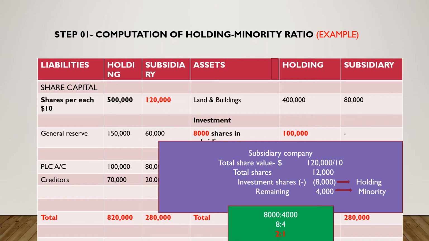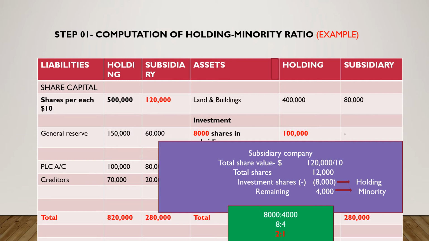8,000 to 4,000 converts to 8 to 4, which is also 2 to 1. The holding and minority ratio is 2:1. See, the holding and minority ratio is very essential to distribute capital and revenue profits, capital and revenue dividends, and bonus shares.